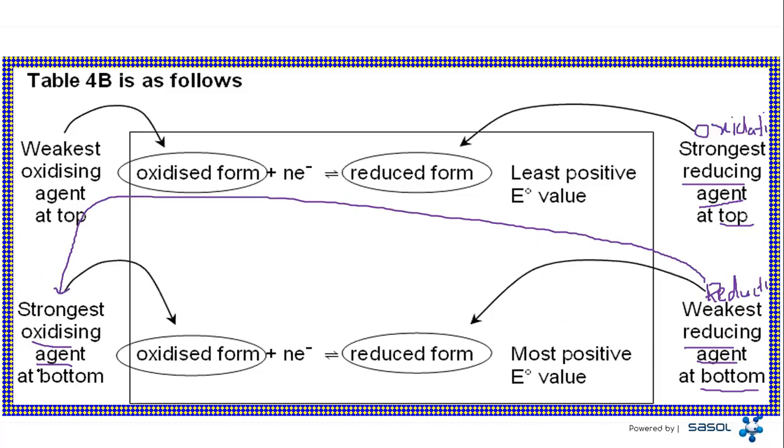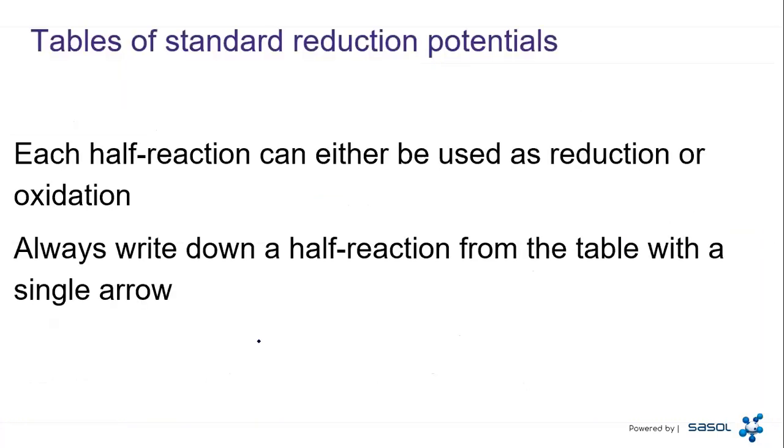So the substance that gains electrons is the oxidizing agent, which undergoes reduction. So at the top, remember, oxidation, strongest reducing agent. At the bottom, reduction, strongest oxidizing agent altogether. Now, when you go to table 4B, each half reaction can either be used as reduction or oxidation altogether.